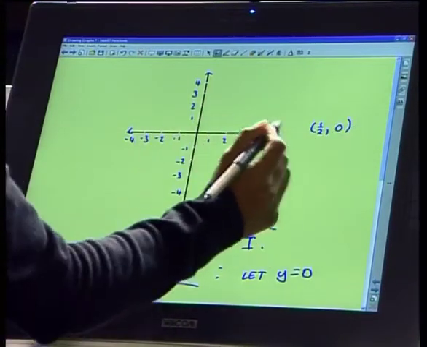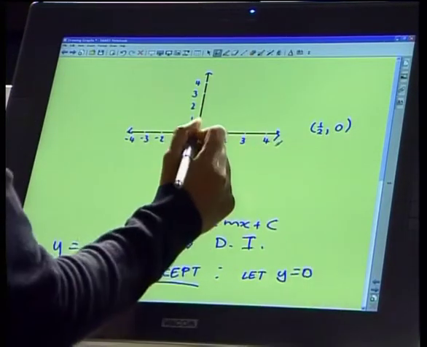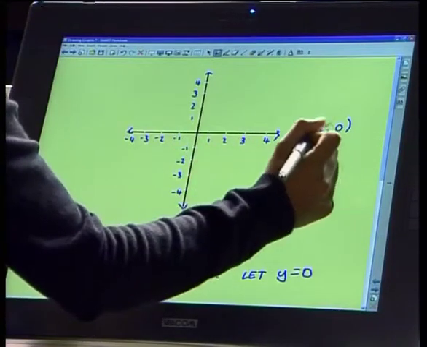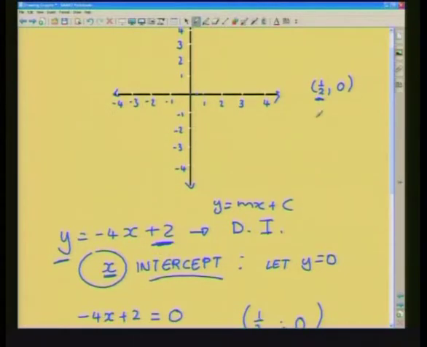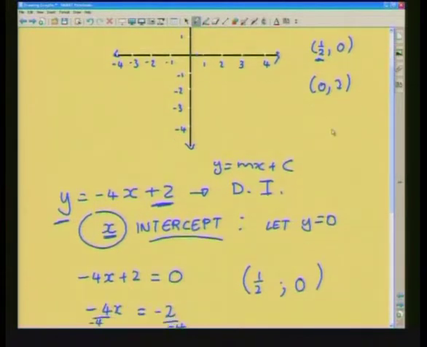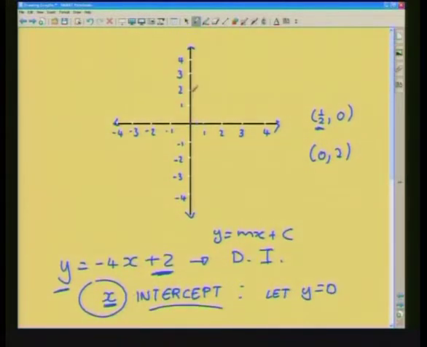So on my axis, I look for the point 1/2, which is somewhere halfway between 0 and 1. So we put a little dot there. And then we know that the y-intercept, when x was 0, y was 2. So all I do then is I go up to 2 on the y-axis and put a dot there.